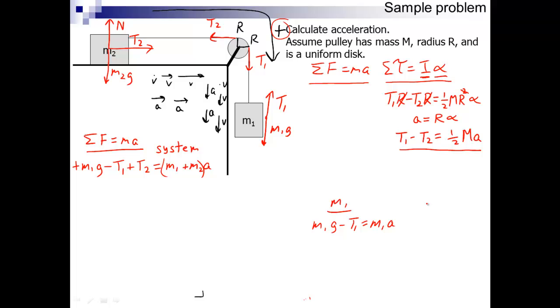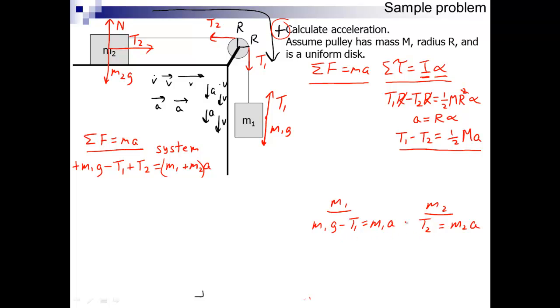And the equation for M2 would simply be T2 is equal to M2A. So these are the equations for M1 and M2 individually. And the reason, again, we do that is just in case we'll need that for later on.